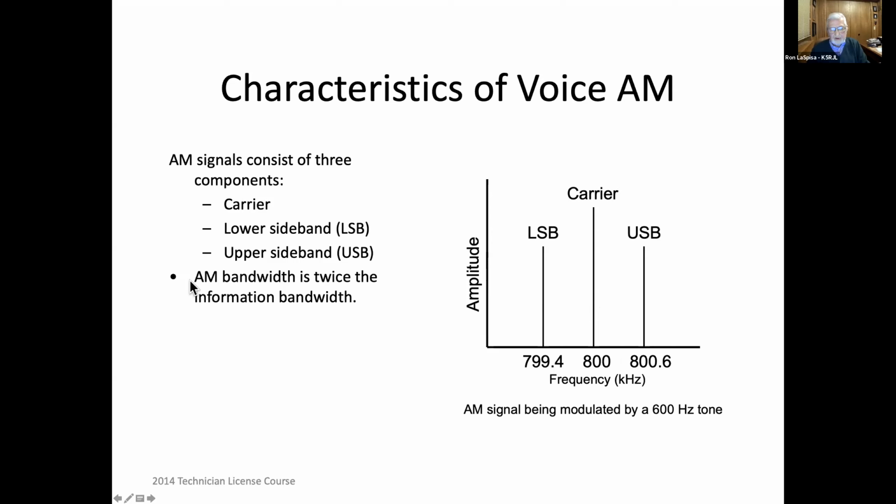This general statement here is kind of important: amplitude modulated bandwidth is always twice the information bandwidth. The information, remember, is that lady's singing the 600 hertz tone. So the AM bandwidth is twice that, or 1200 hertz, which is the same as 1.2 kilohertz.